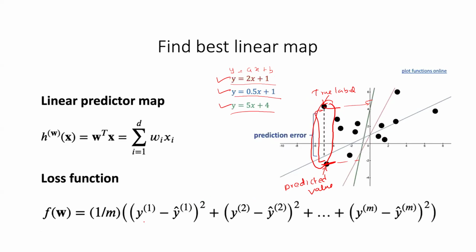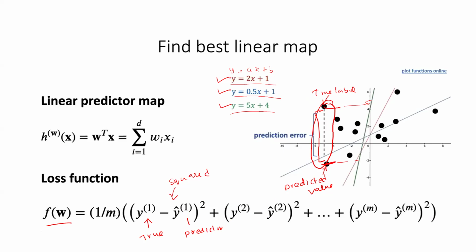The equation is f of w, where y1 is the true label and y hat 1 is the prediction: y1 minus y hat 1, whole squared. We take the difference between the true label and the predicted value and square it, plus the squared difference for the second data point, and so on for multiple such squares.